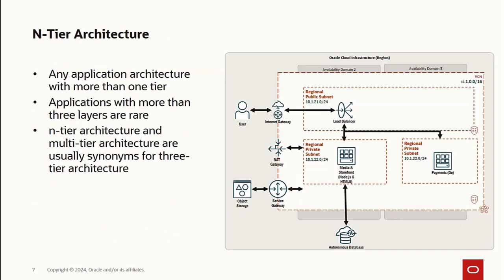In your tiers, you just add different layers, just for the sake of complexity? No, of course not. Typically, you don't increase your number of tiers unless you're required to for specific reasons. For example, in this case, they're actually taking credit card information, and so for security reasons they put this in a regional private subnet separate from the regional private subnet they're using for the storefront and the processing there.